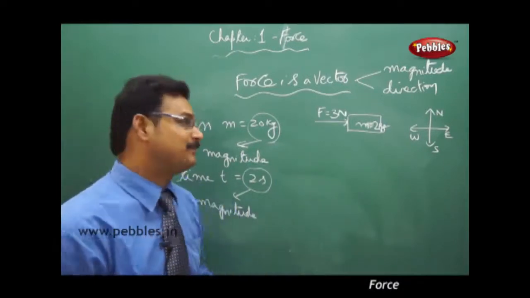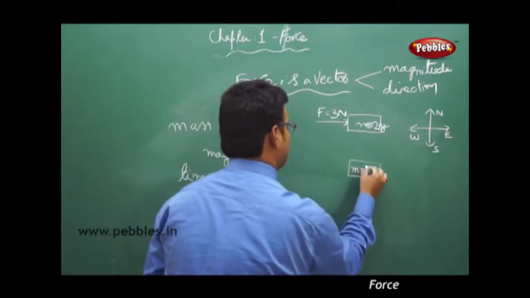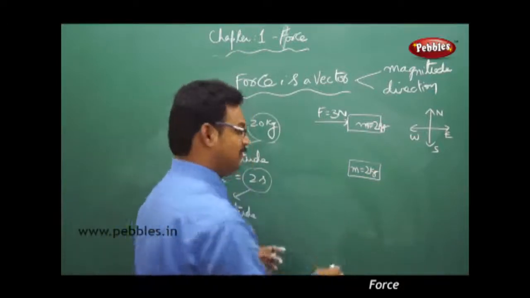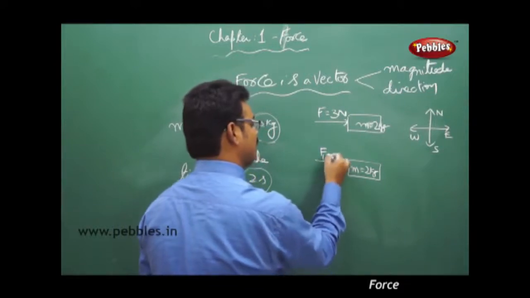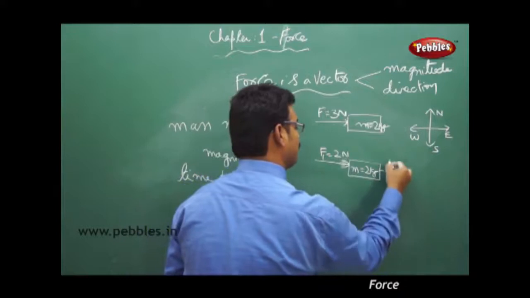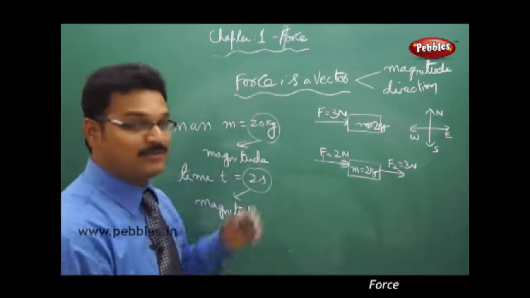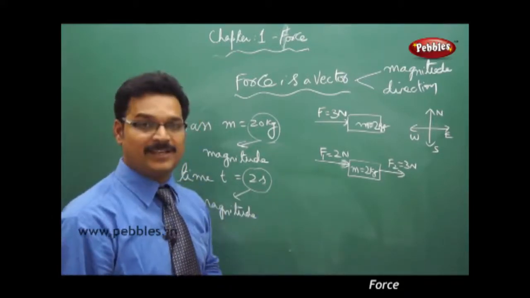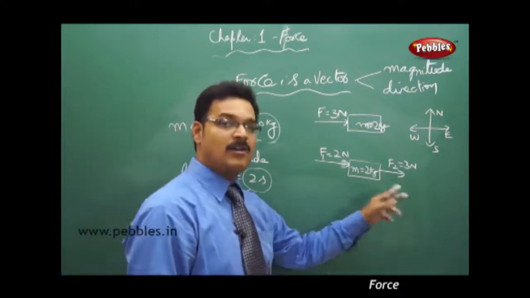Take another example. This time, same mass 2 kg, but 2 forces are applied. See carefully. F1 equal to 2 newtons, F2 equal to 3 newtons. Now what is the force direction? You should be careful because 2 forces are there, and you have to check whether the directions are same or opposite.